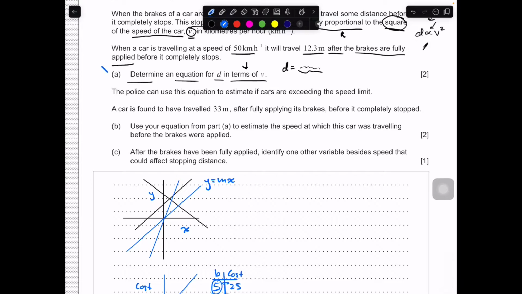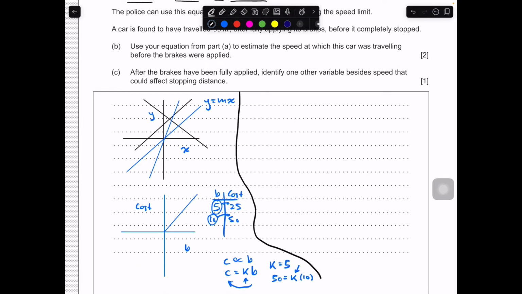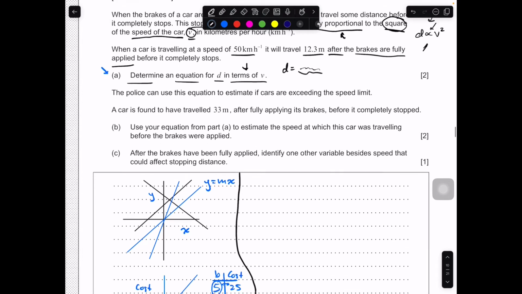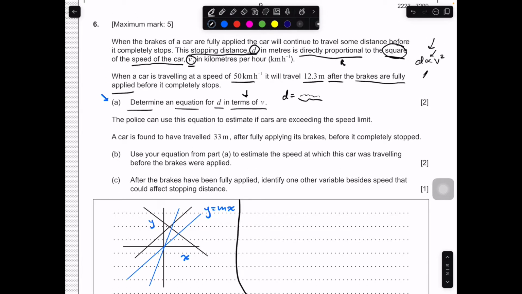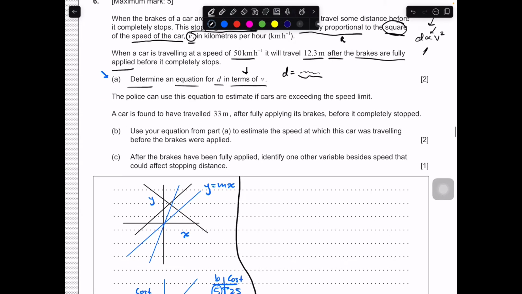So getting back to this, determine an equation for d in terms of v. If that was all, potentially, and I hope not, but potentially a little kind of mystifying, proportionality constants, proportional relationships, or what are also called direct variation problems. Anytime you see this, directly proportional to, we have this situation where some variable, in this case distance, is equal to k times the other variable squared.